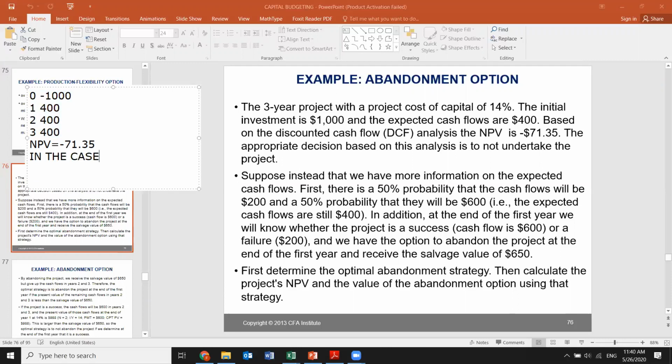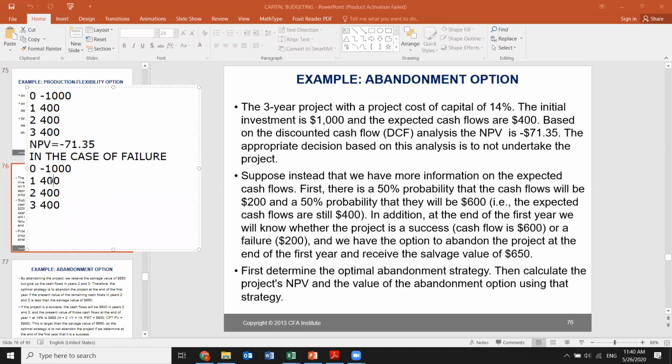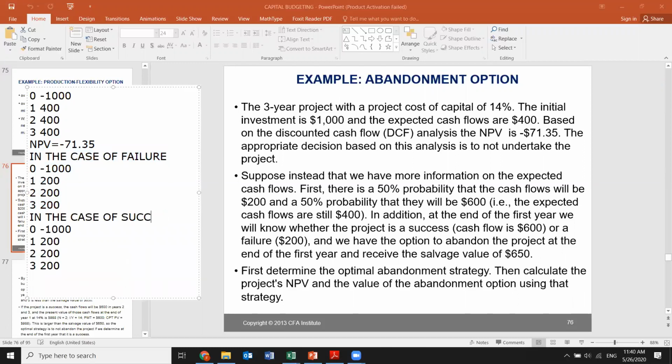In the case of failure, your cash flows would be 200, 200, 200, and the probability of failure is 50%. And the success is 50%. In the case of success, it would be 600, 600, 600, so all cash flows would be 600. But the probability is 50 to 50. We're not sure, but there is a probability.